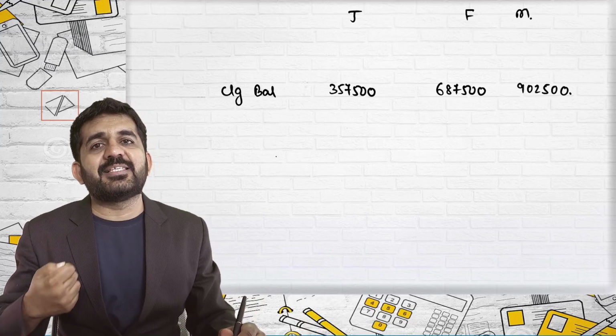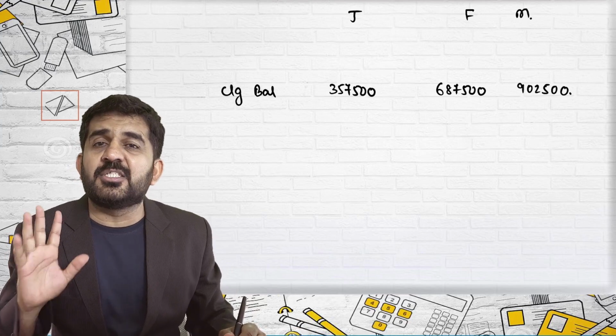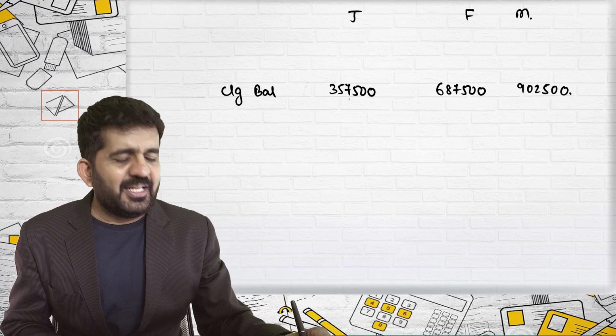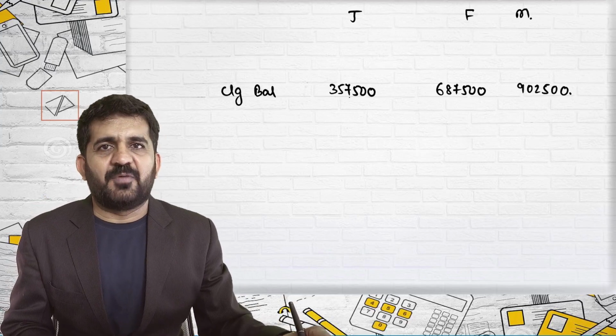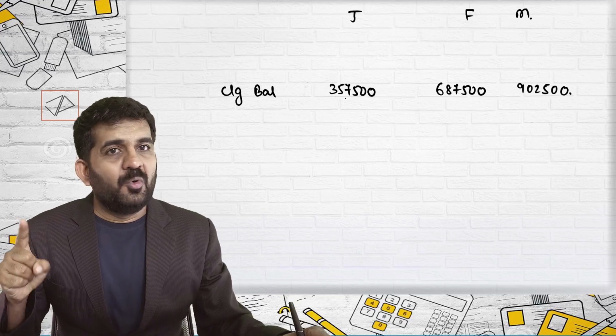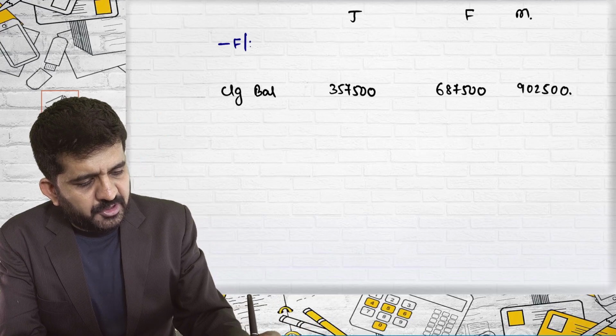Whatever is the excess amount, you keep it in fixed deposit. This is the policy of the company. Then my closing balance will not be 3,57,500. How much closing cash balance do I want? Only 10,000. So the remaining amount I will put in fixed deposit.